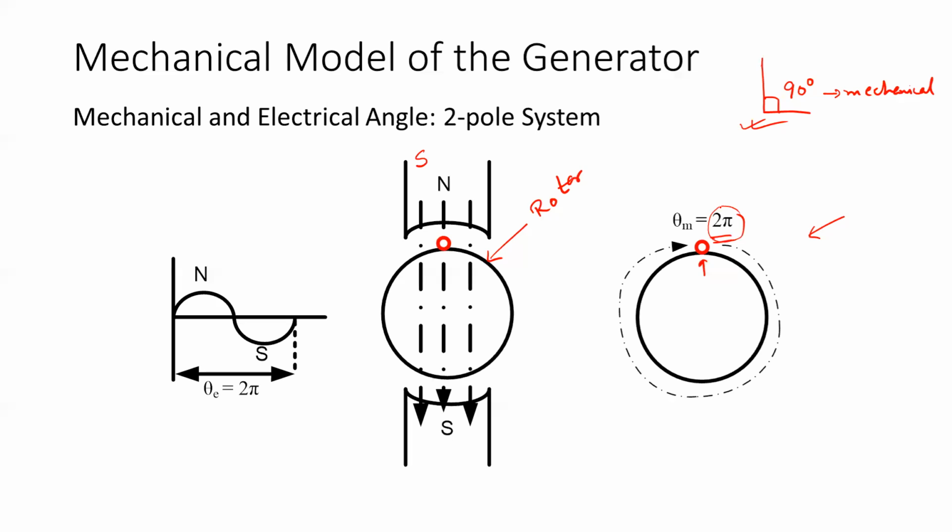Now let us try and understand what is the corresponding electrical angle for a two-pole system. Now, if you assume this to be one end of your conductor, say your conductor, the other end is over here. Let's give a dot. Say that is a dot and this is a cross.